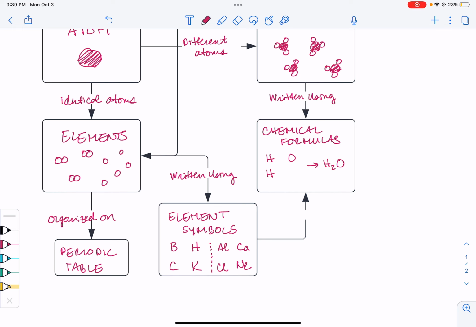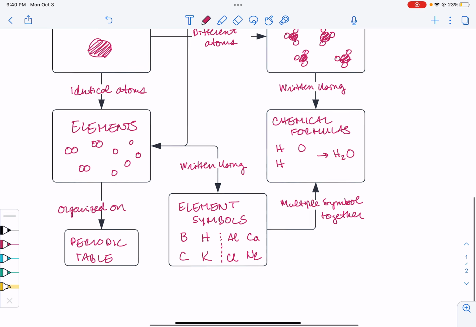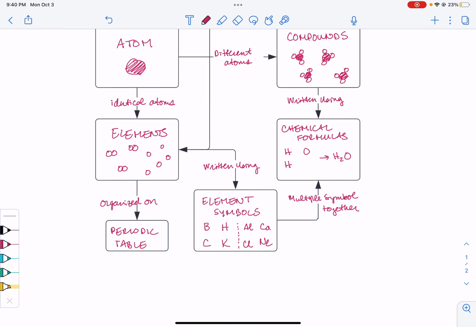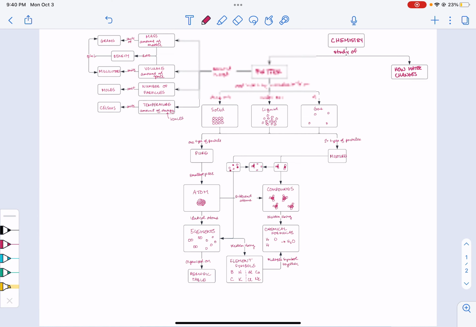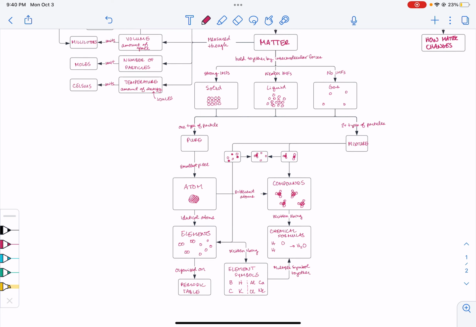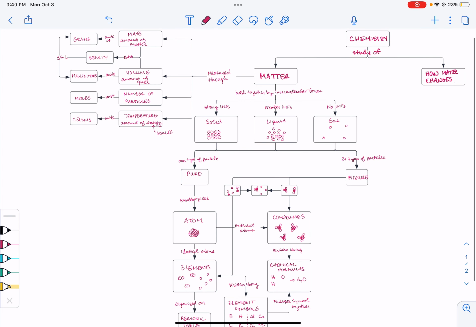So when we combine multiple element symbols together, we can get our chemical formulas. And we use our chemical formulas to describe what we might see in a drawing for compounds. So that's a quick summary of how we can measure and classify matter.